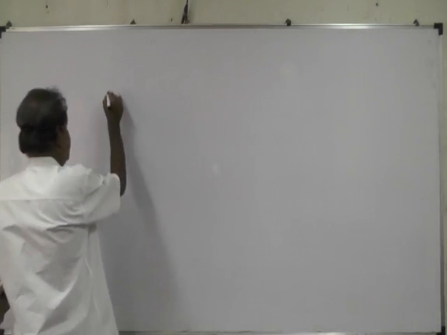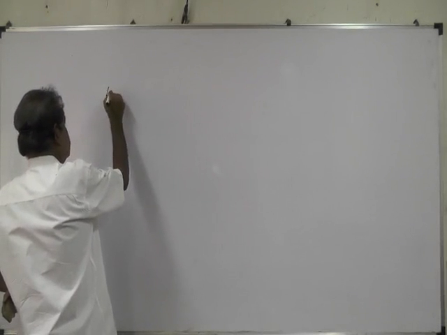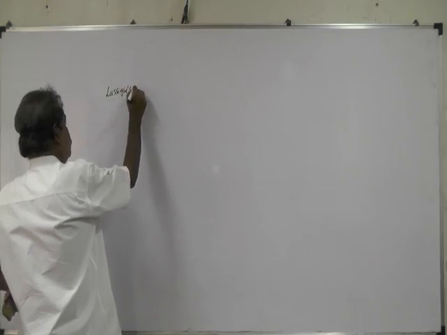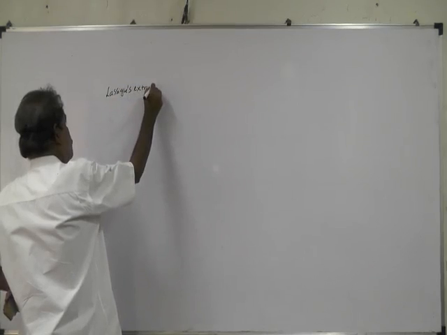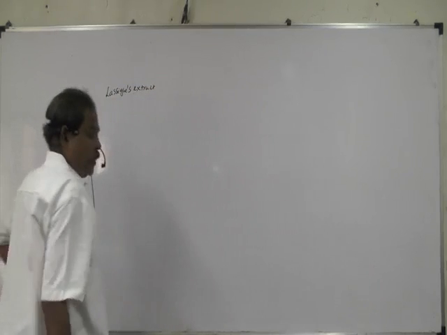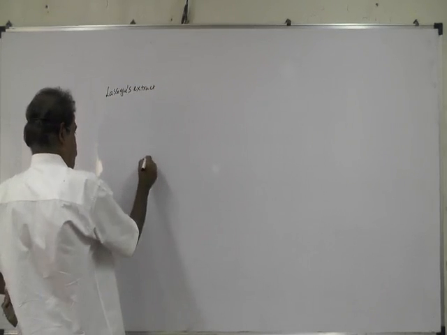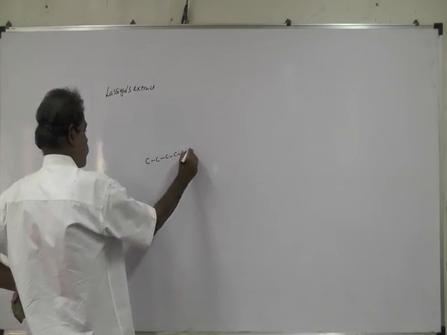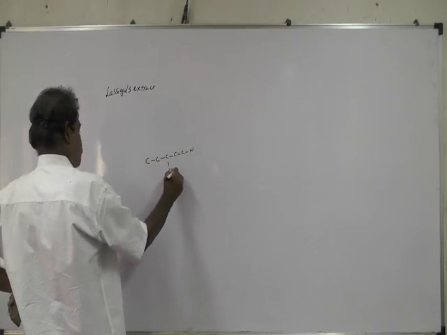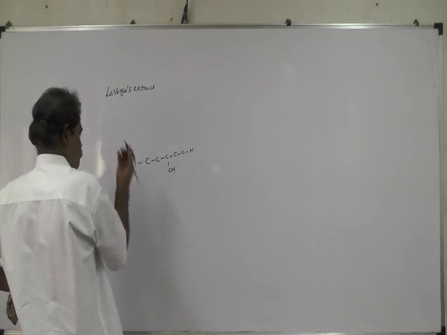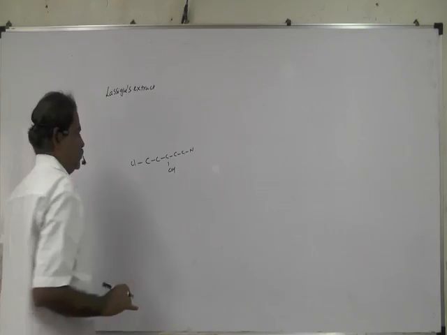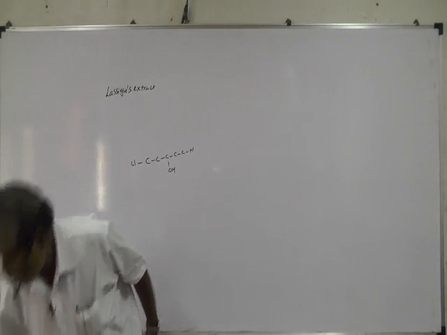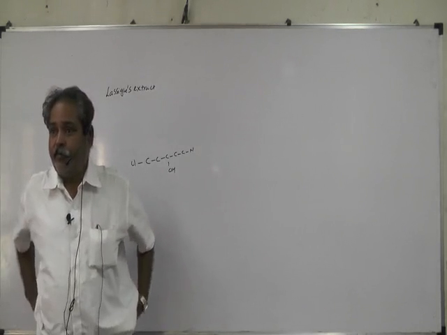In this Lassaigne's extract, if the compound contains nitrogen and many more elements, OH, Cl, the compound may contain many elements. What happens when that is heated?